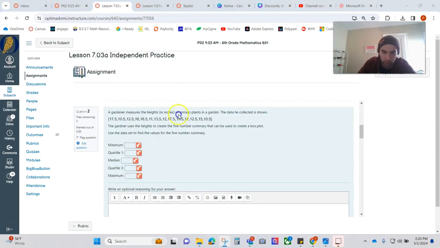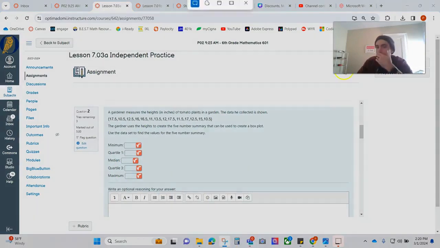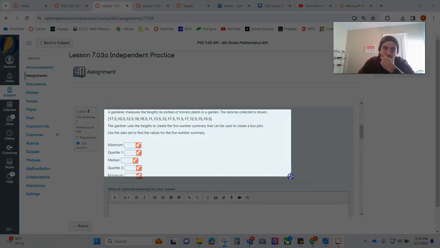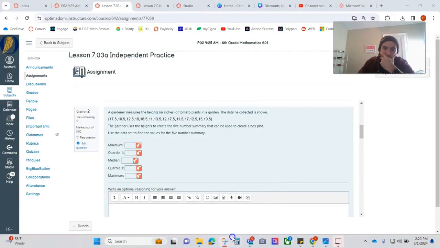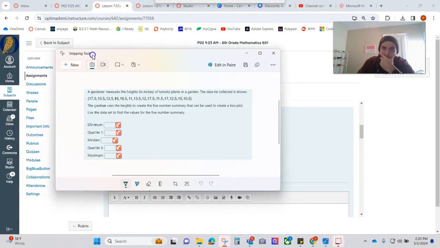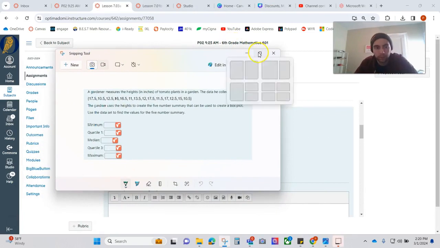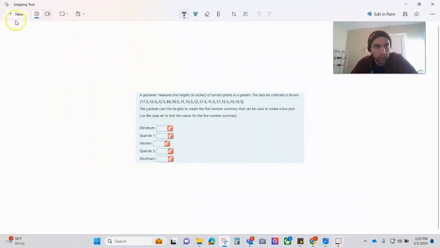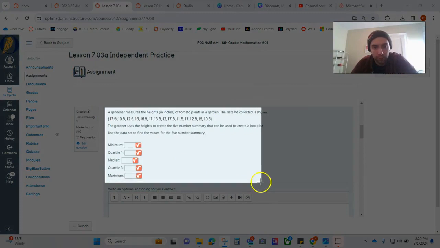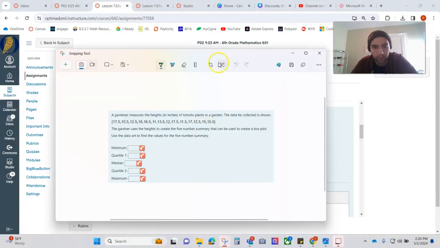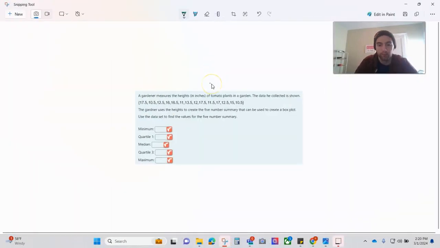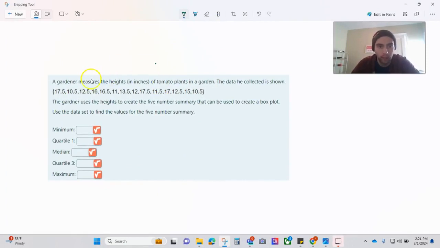Question 2. All right, question 2. A gardener is measuring the height in inches of tomatoes.